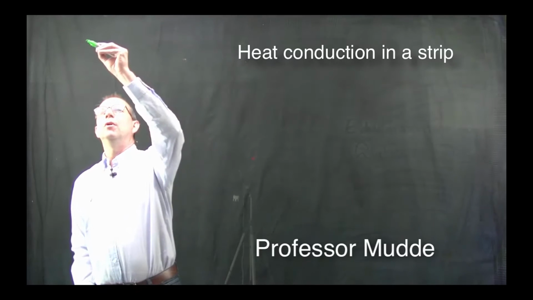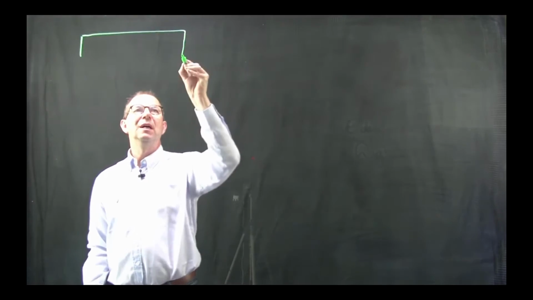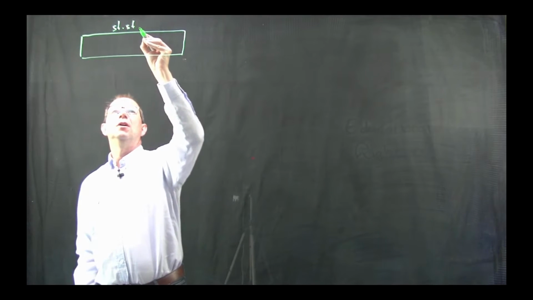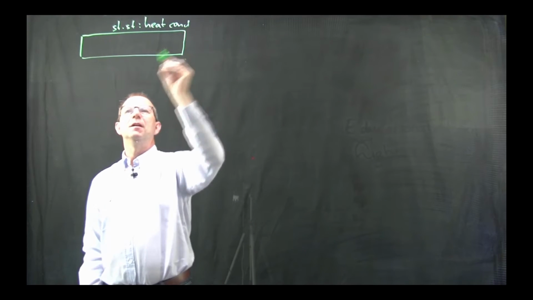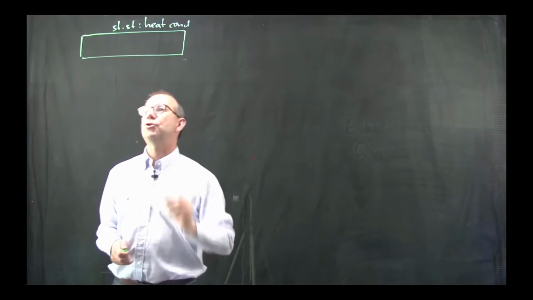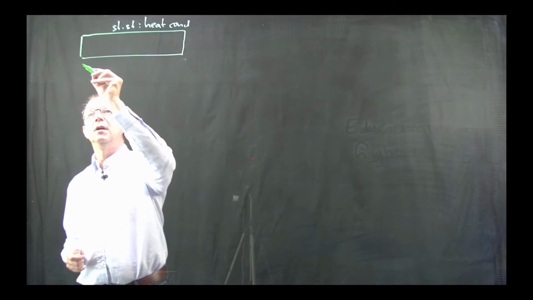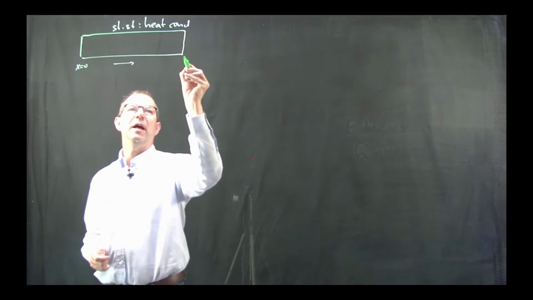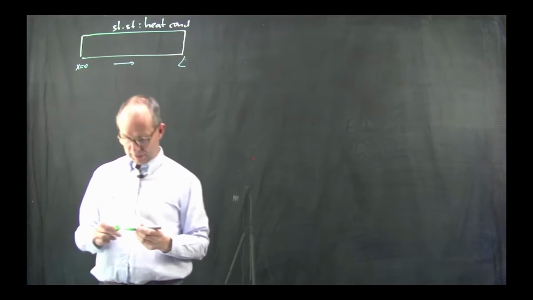In this example we're going to do once more a steady state conduction of heat in a one-dimensional strip. The strip runs from x equals 0 to L and is insulated everywhere except for left and right.